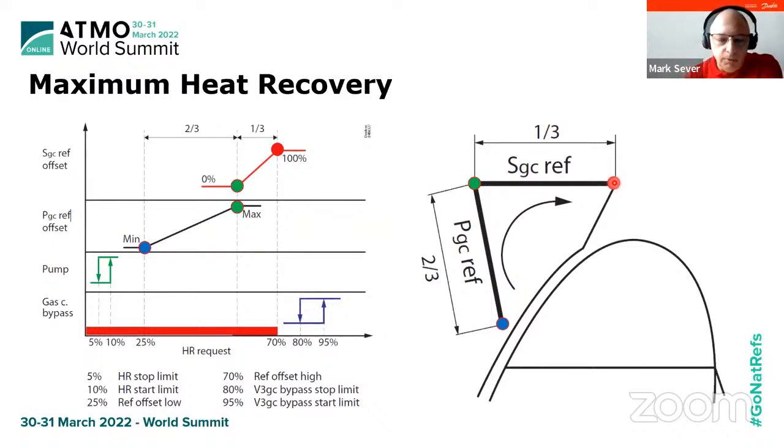Additionally, if you have even more requests for heat recovery, we can also bypass our gas cooler, like I explained, so we completely minimize any heat transfer to the ambient.